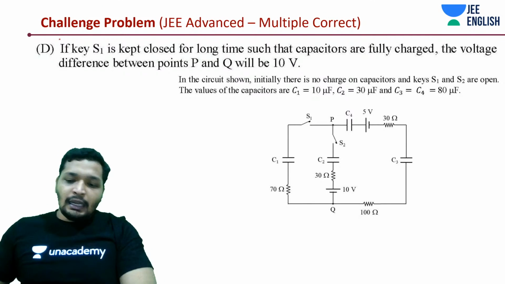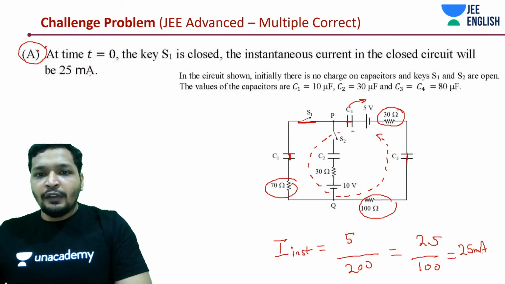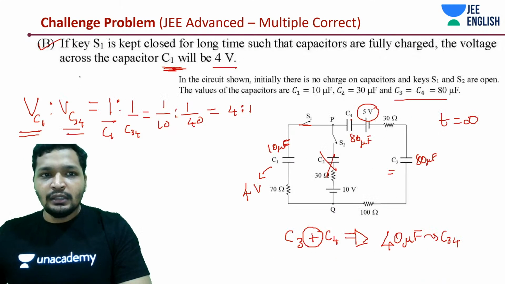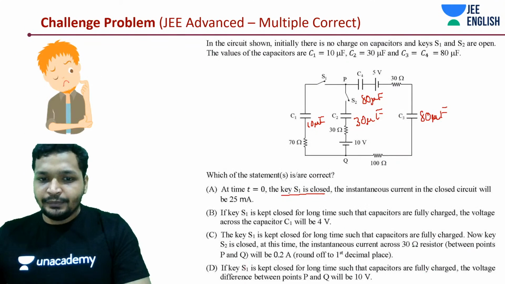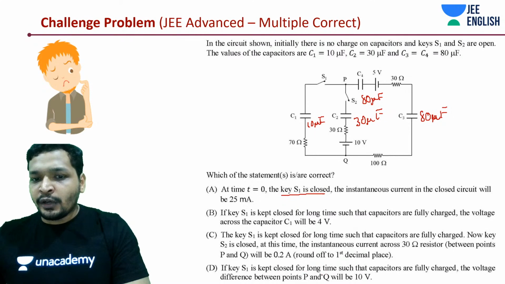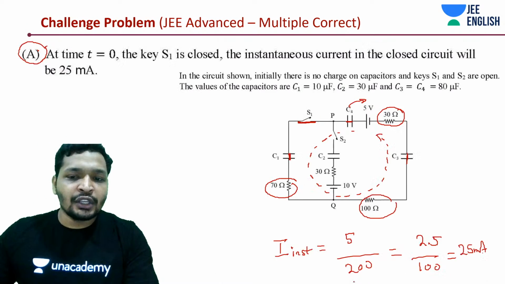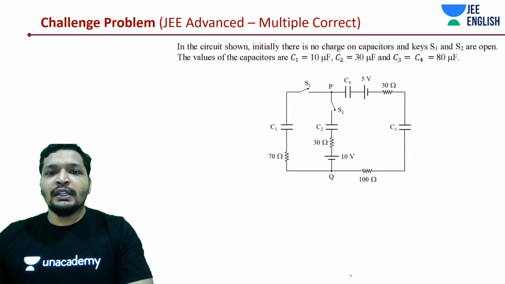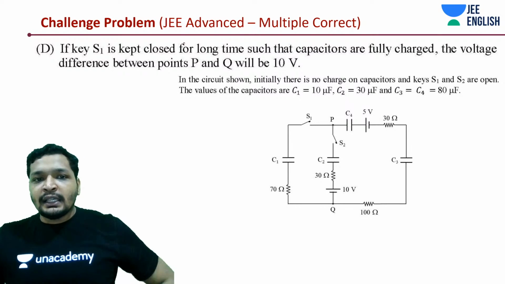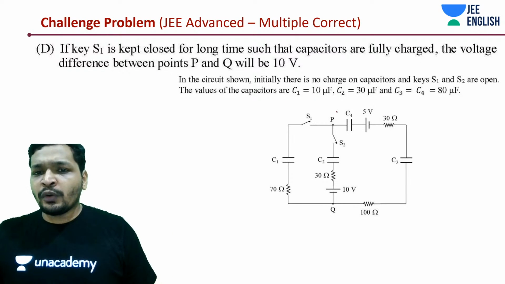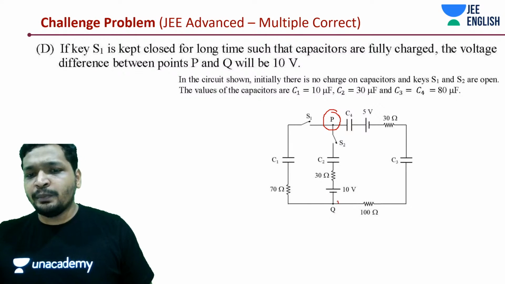And yes, basically if you notice the question, if we had calculated B, we are also calculating D. If the S1 key is kept closed for a very long time, the capacitors are fully charged, the potential difference between P and Q will be 10 volts. Let's understand this point. What would be the potential drop across P and Q?